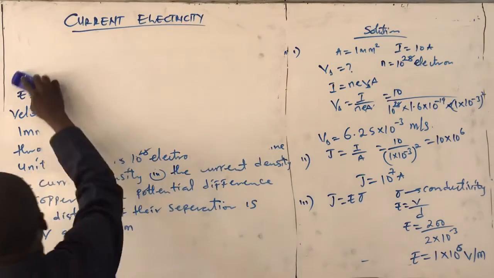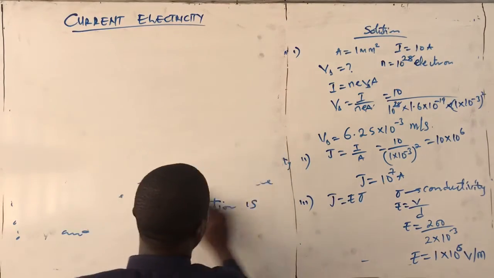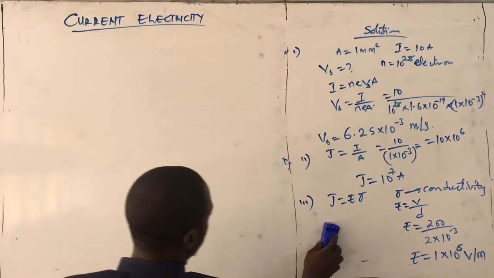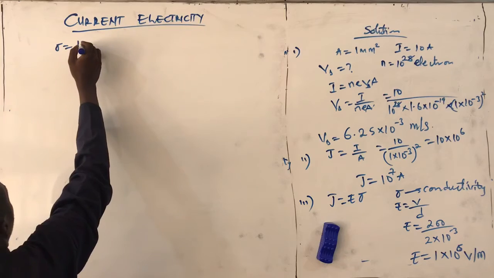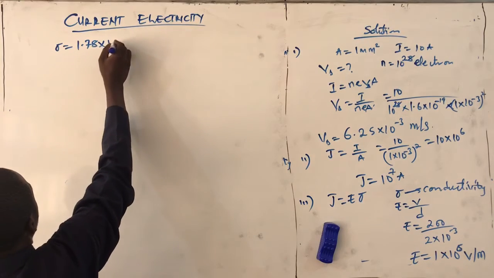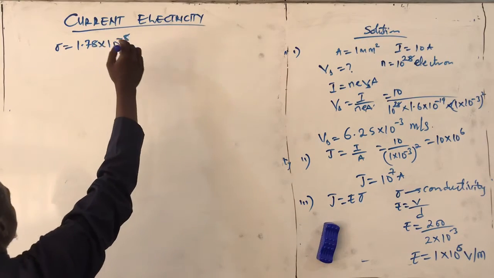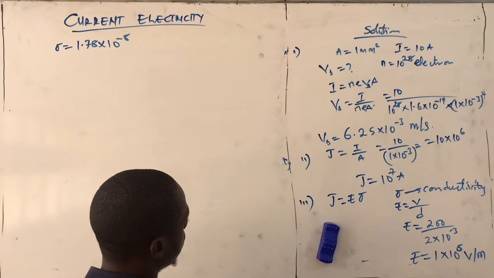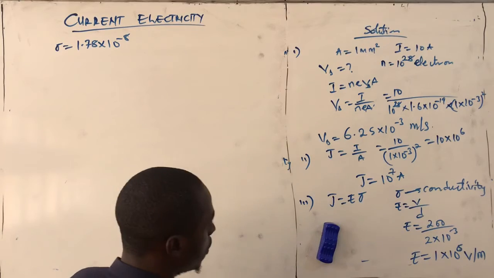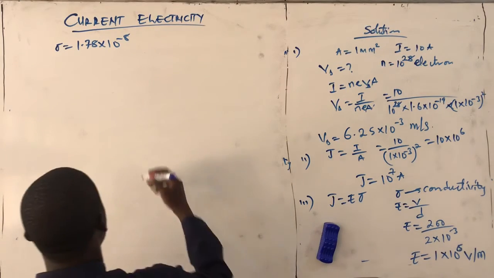The conductivity of copper should be 1.78 times 10 raised to power minus 8, if I did not make a mistake, per ohm per meter.